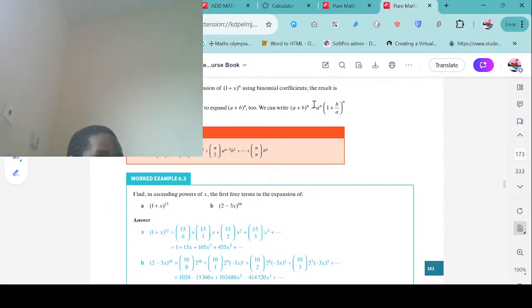Okay, let's start with the first term. What's the first term going to be? Okay, what about the second term? No, the second term cannot be 1 plus x. It's 15, not 14.